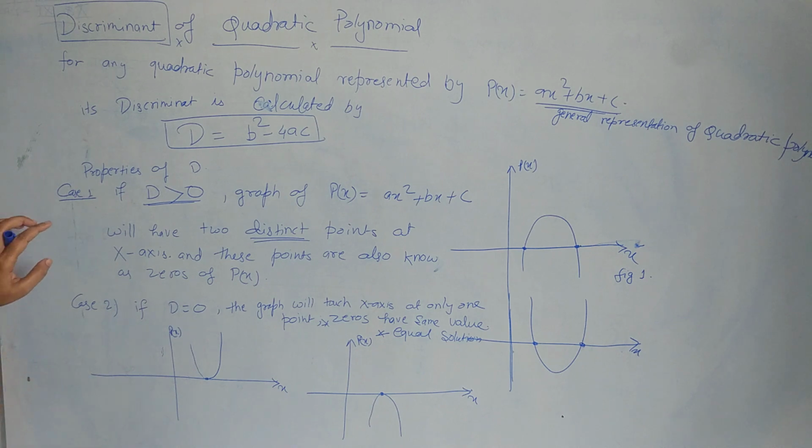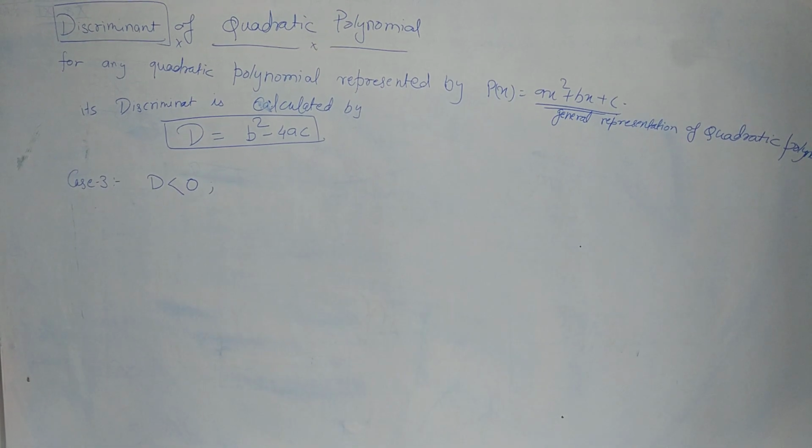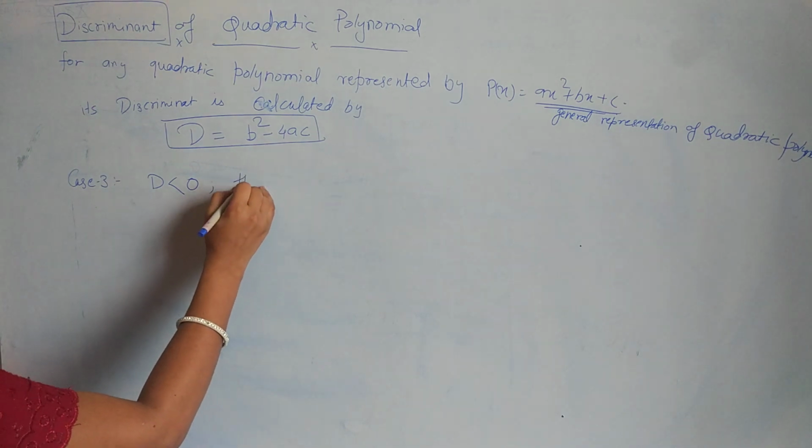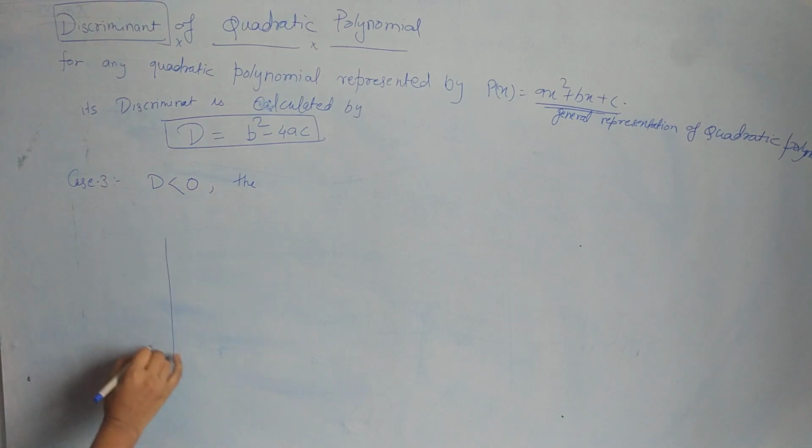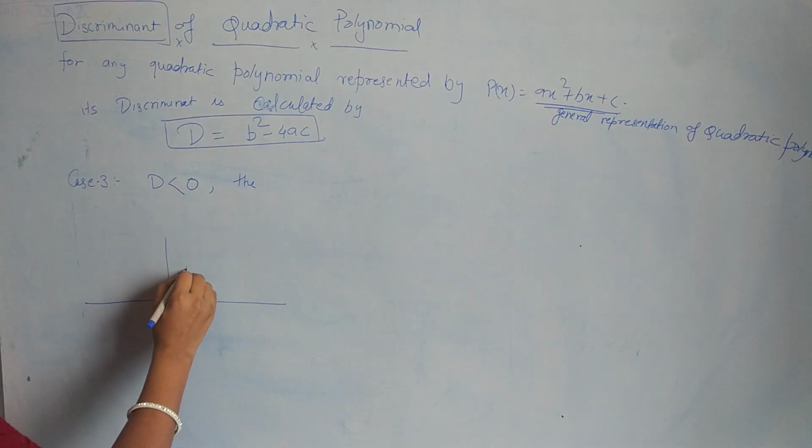Okay. Case 1 when D is greater than 0, case 2 when D is equal to 0. My next case will be case 3, when D is less than 0. How is my graph? The graph will be like this.